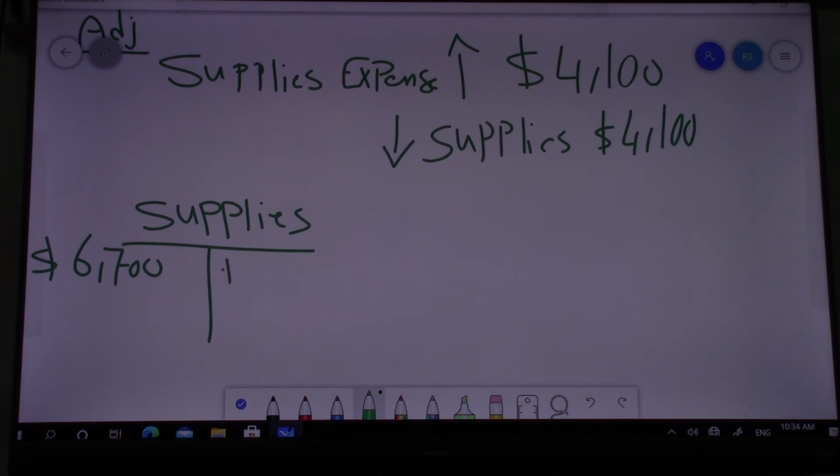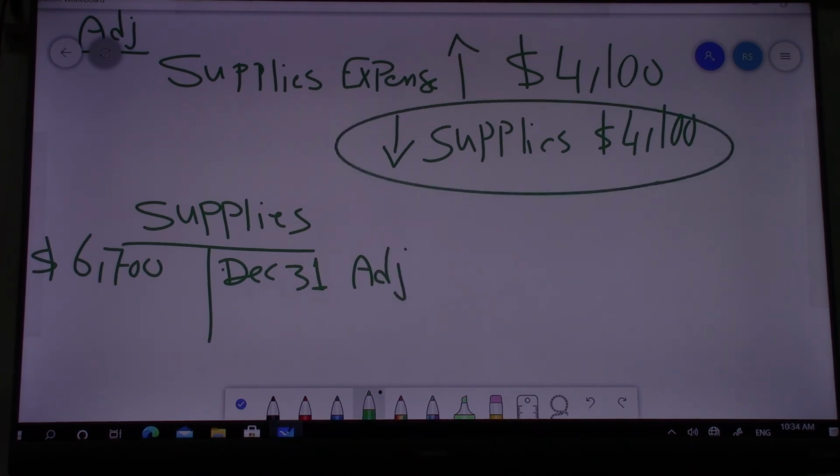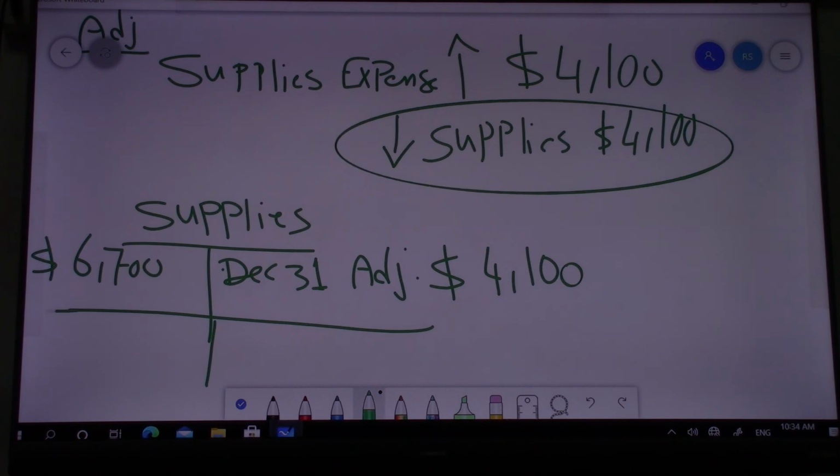Then on December 31st, your supplies decreased by this value as a result of the adjusting entry, 4,100. So the balance in the supplies account will be on the debit side. The balance on December 31st will be the difference, which is 2,100.